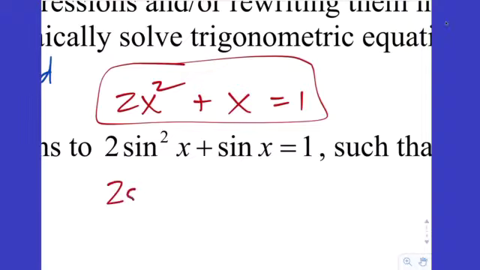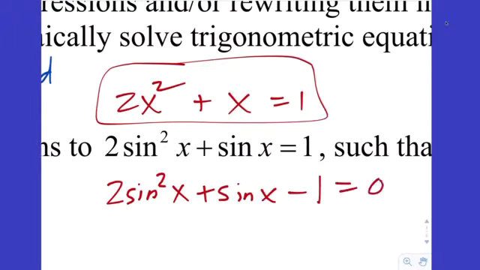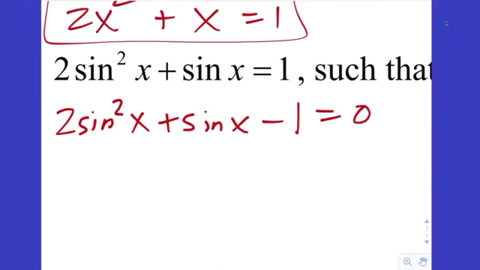So let's do that. So 2 sine squared plus sine of x, and now minus 1 equals 0. And so this is going to factor, if it does factor, fingers crossed, into the product of 2 binomials. If it doesn't factor, we always have the quadratic formula, which we could still use, but our solutions would be equal to sine of x, not x.